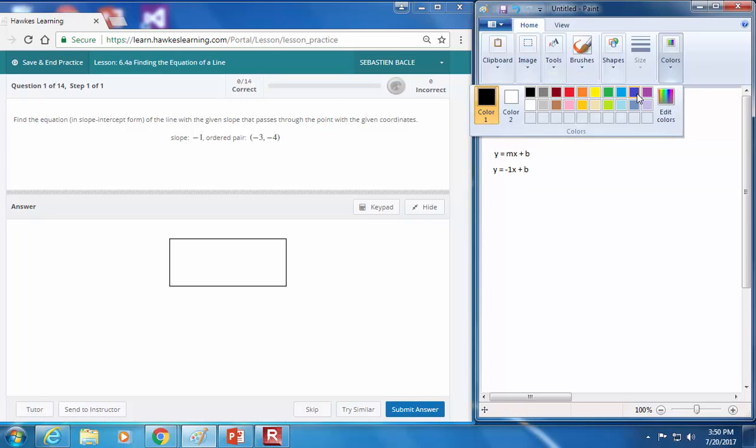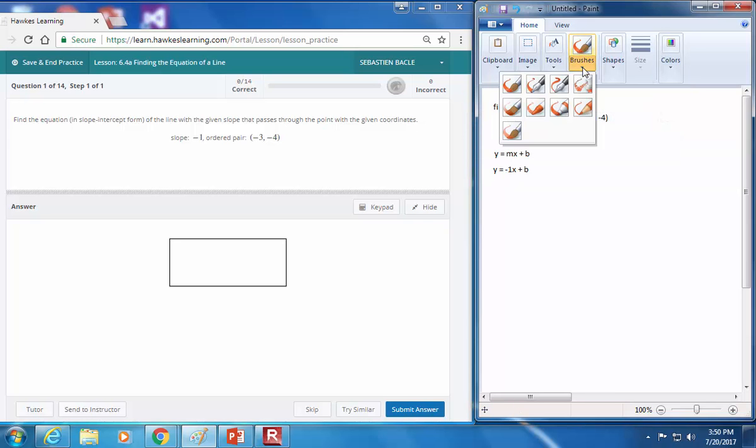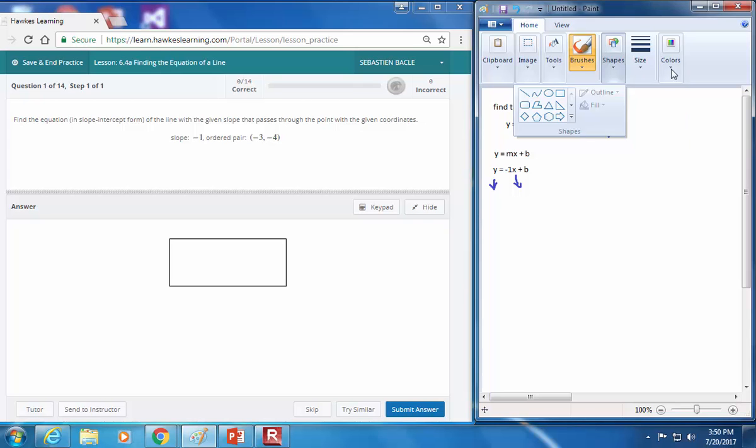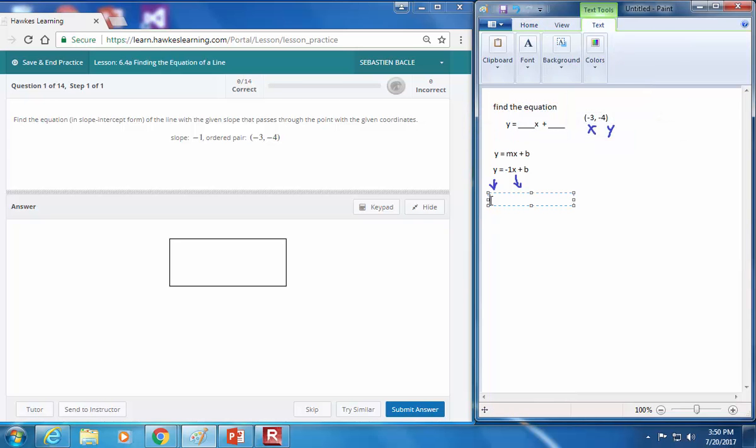So let's go ahead and replace our y and our x with negative 4 and negative 3. Oops, not the b, the x. So be careful, make sure that you label this. It's always x first and then y. So I'm actually starting with the y is a negative 4. And I'm going to go ahead and write that in. So that's negative 4 equals negative 1, and then in parentheses times negative 3, and then plus b.